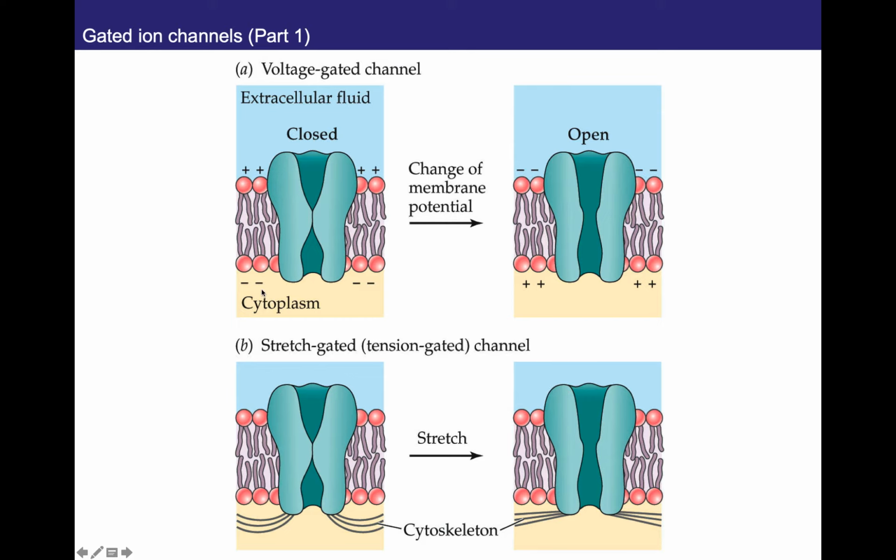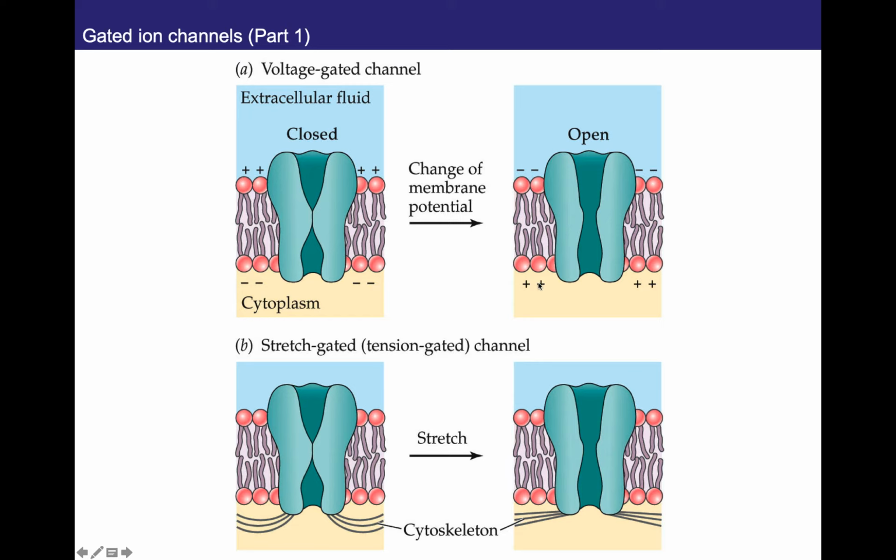If you impose a change in the membrane voltage, now the inside is positive. You've basically depolarized the cell. It's a lot more positive inside. You can see that causes the channel to open. There's a conformational change, and it causes the channel to open.